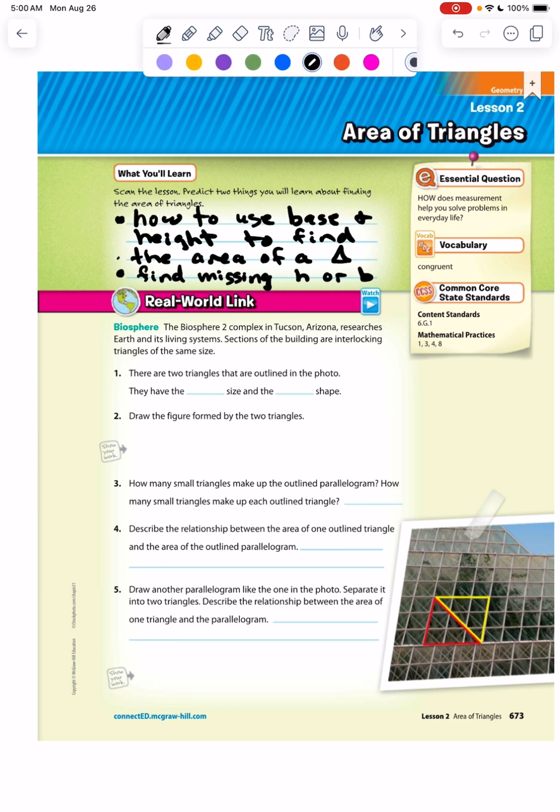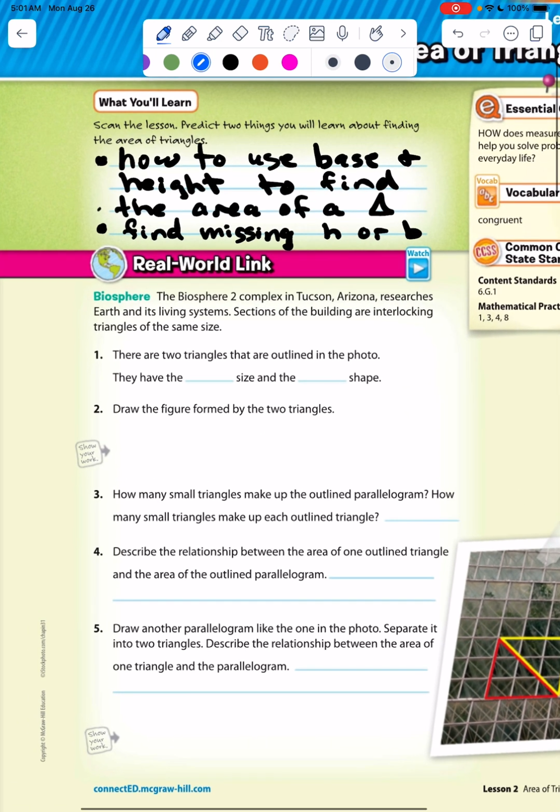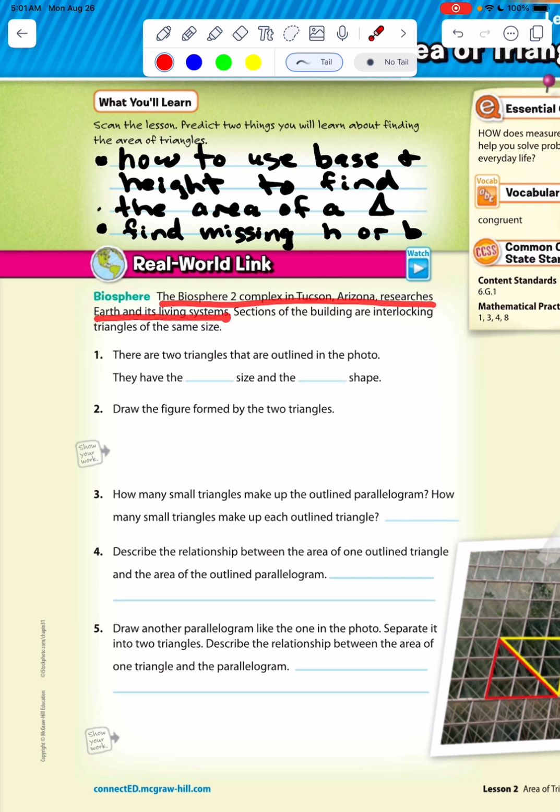This is a boring color. Let's change colors here. And let's make this a little smaller. All right, so here's our example here. It says, the Biosphere 2 complex in Tucson, Arizona, real place, researches Earth and its living systems.